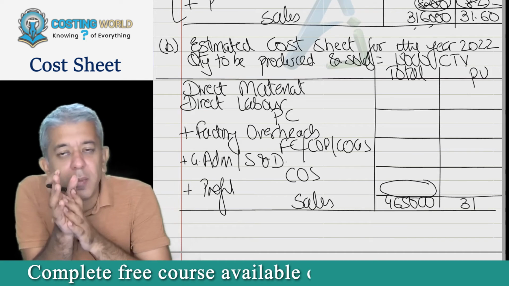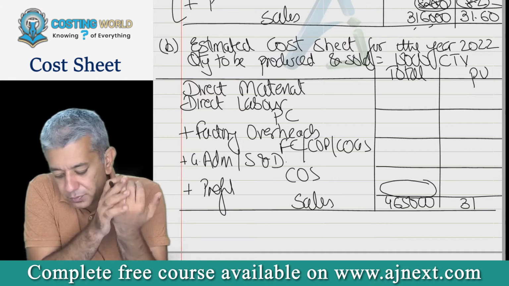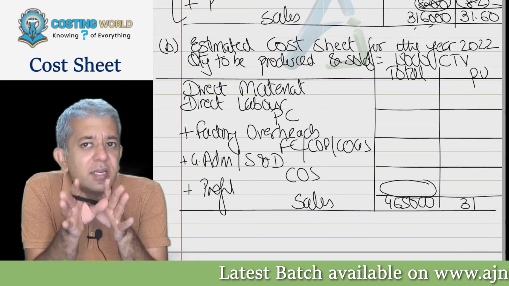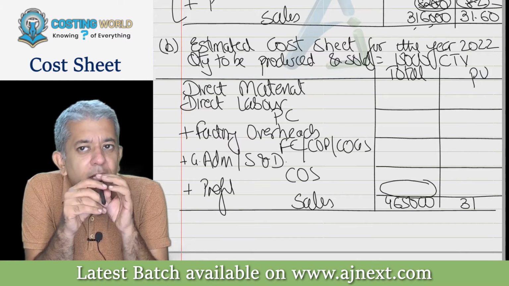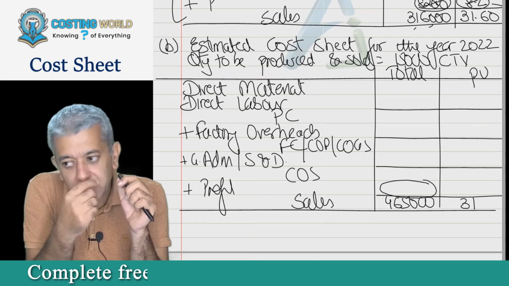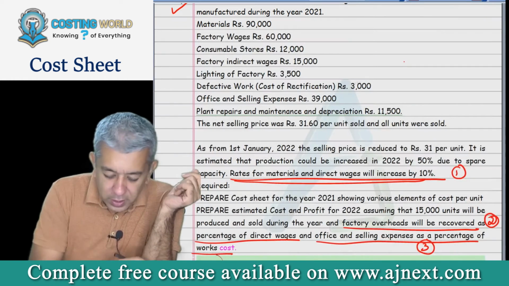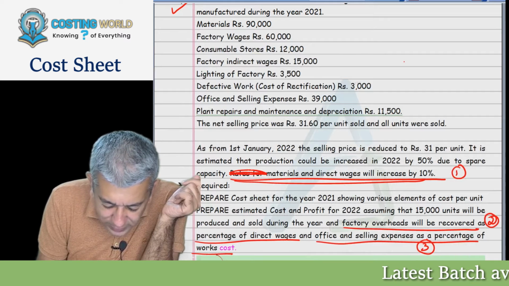Okay. Tell me, what have you increased by 10%? Per unit figure or total figure? Per unit figure. Can I ask the reason why? Okay. Suppose if I cut down that particular word, material and wages will increase by 10%. Okay.